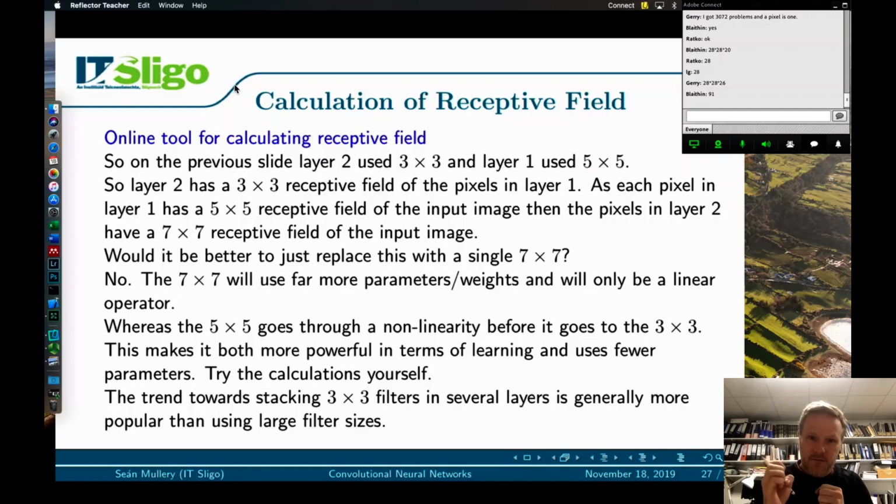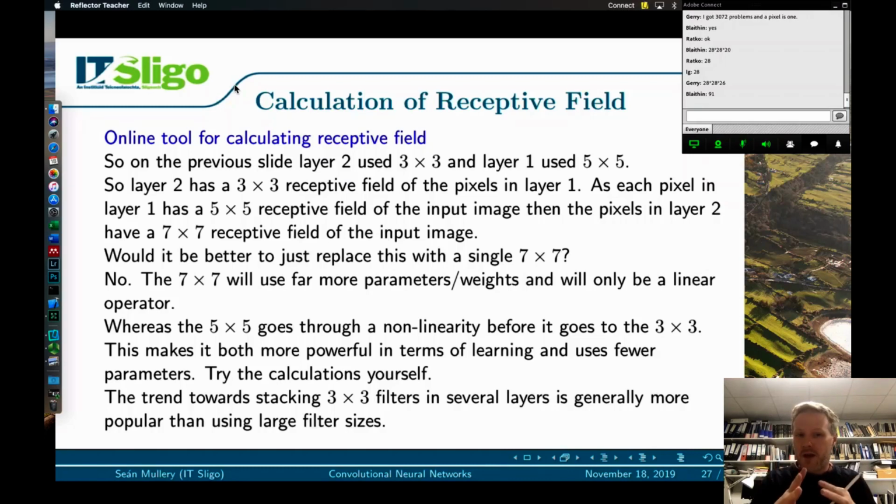So having a 7x7 linear layer versus a 5x5 going through a non-linearity and into a 3x3, that second one has much more power in terms of describing what's going on, and still looks at the same size receptive field.